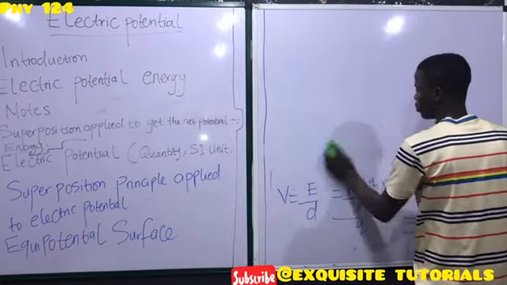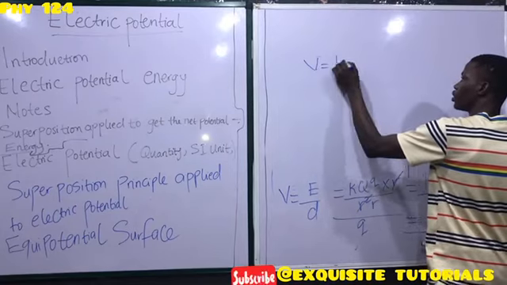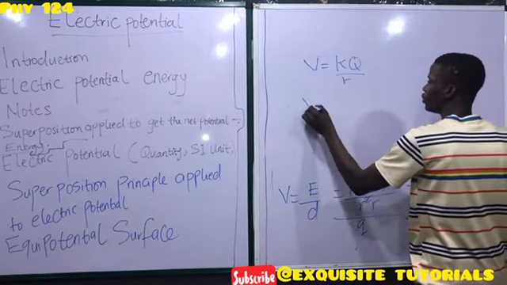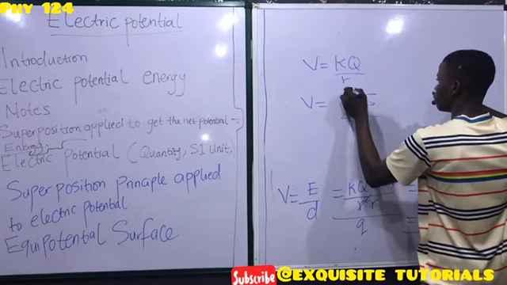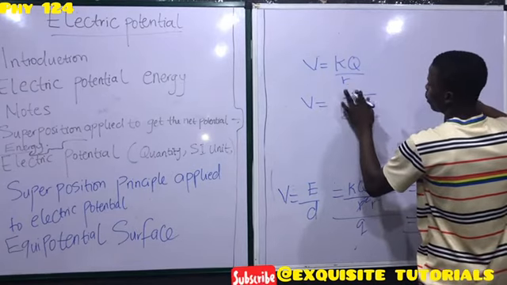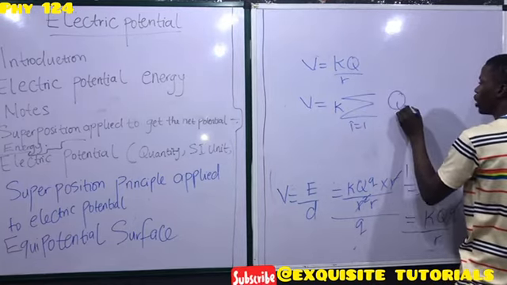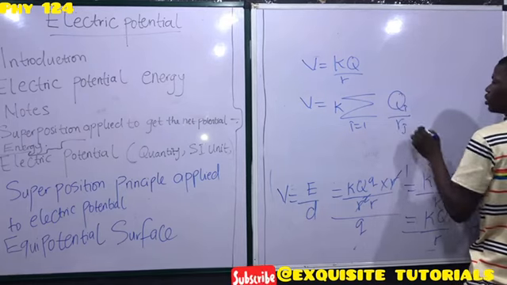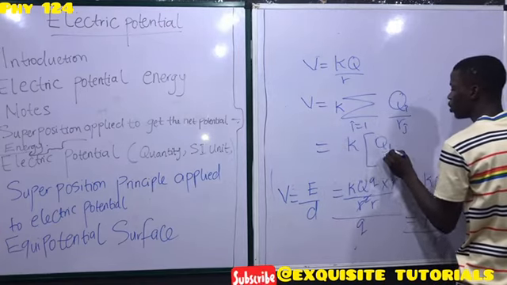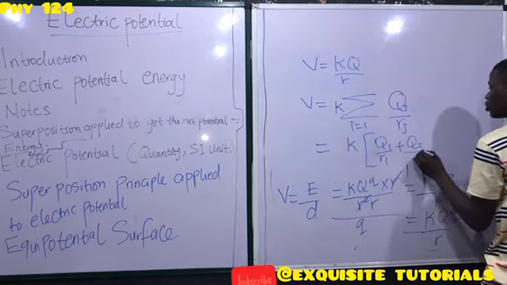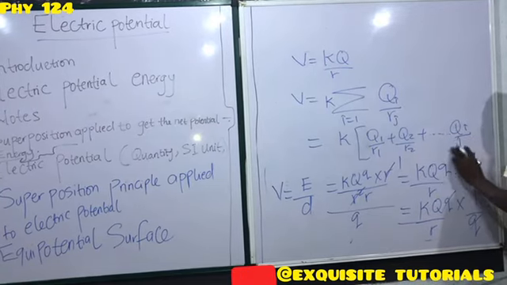Since V is equal to kQ over r, I can say V is also equal to the summation, i equal to 1, bringing out this constant, we'll be left with qi all over rj, which can also be written in this form: k bracket q1 all over r1 plus q2 all over r2 plus up to qi all over rj.